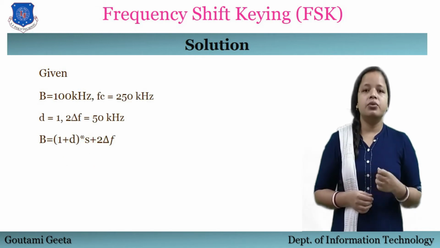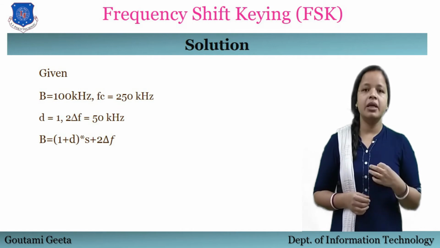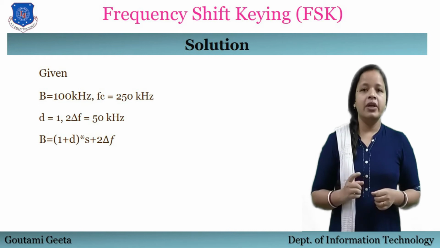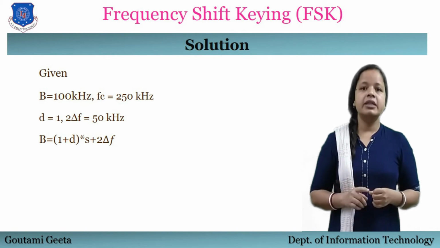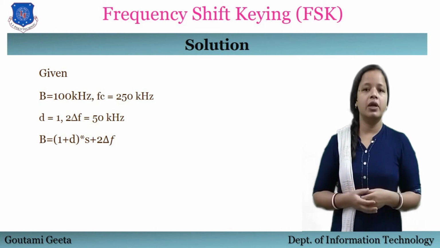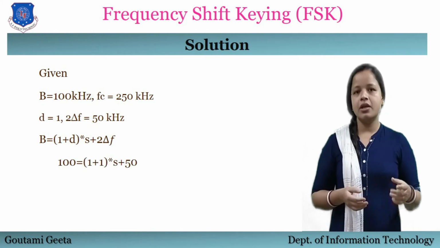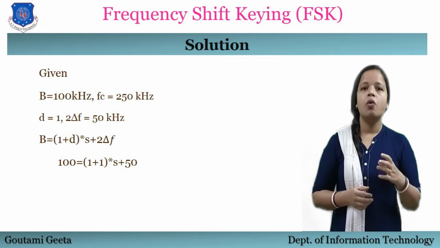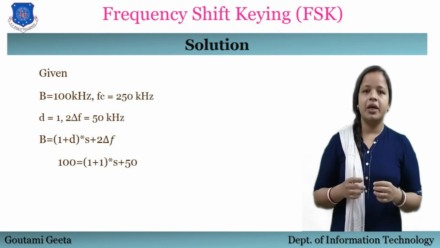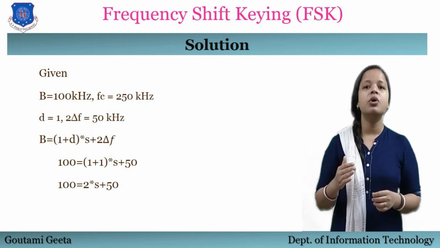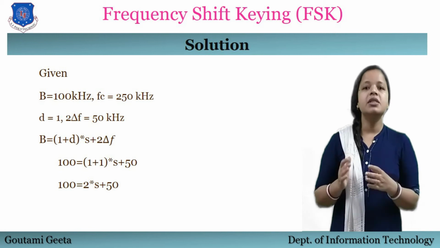Here B is equal to (1 plus D) multiplied by S plus 2 delta F. So we have B equal to 100 kHz and D equal to 1 as given. Now putting the values in the equation, we get 100 kHz equal to (1 plus 1) multiplied by S plus 2 delta F. This implies 100 is equal to 2 multiplied by S plus 50.